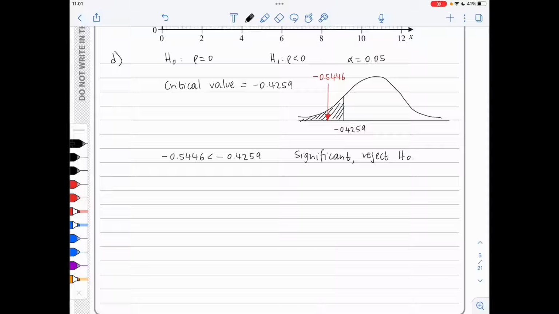So there is evidence of a negative correlation between the number of letters in the last name and the number of letters in the first name.